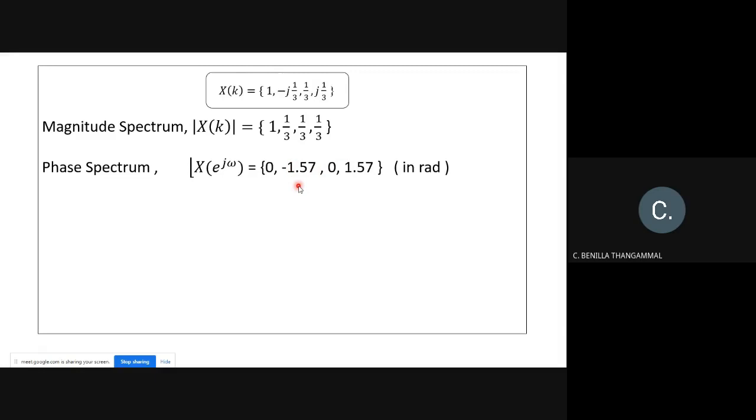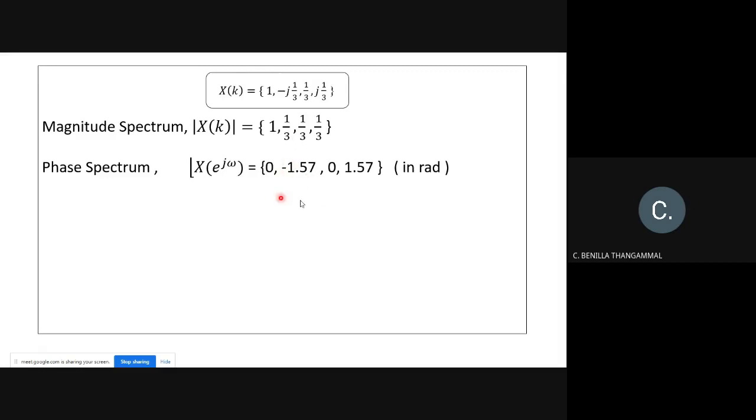Suppose you keep your calculator in degree mode, you will get the value in degrees as minus 90 degree. Suppose you keep your calculator in degree mode, you have to substitute your pi value as 90 degree. Since we are keeping it in standard radian mode, I'll be making use of pi value directly. That is shift exp.